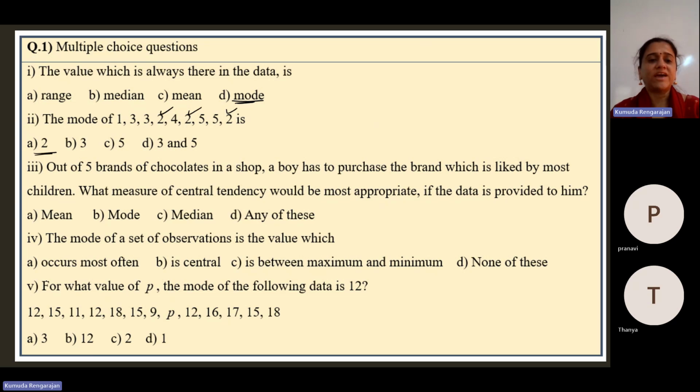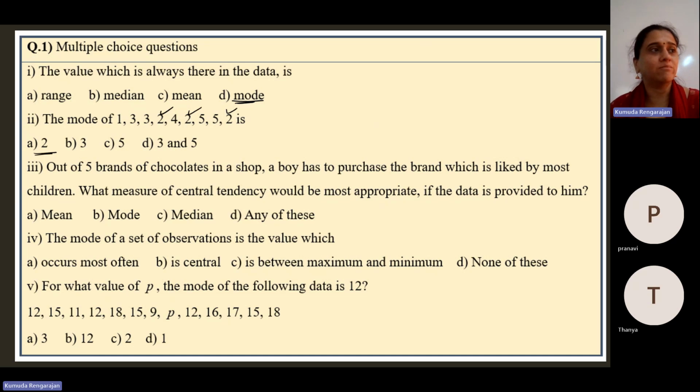Out of 5 brands of chocolates in a shop, a boy has to purchase the brand which is liked by most children. What are the 3 measures of central tendency?